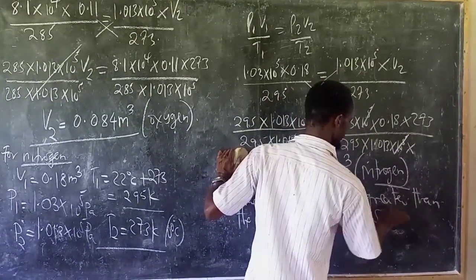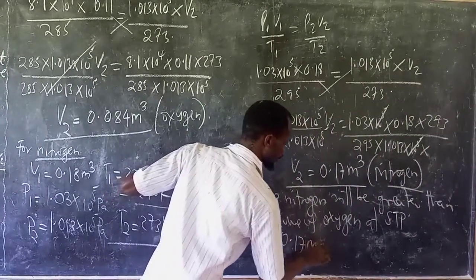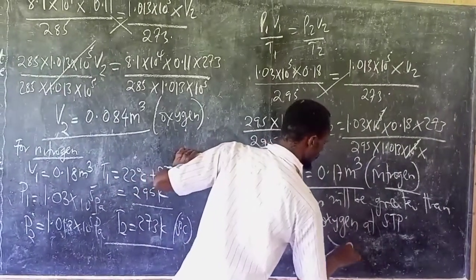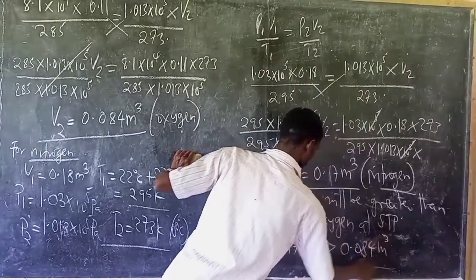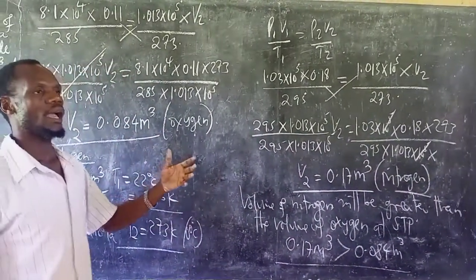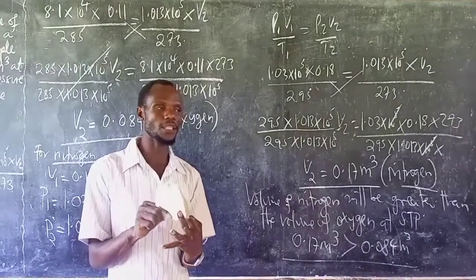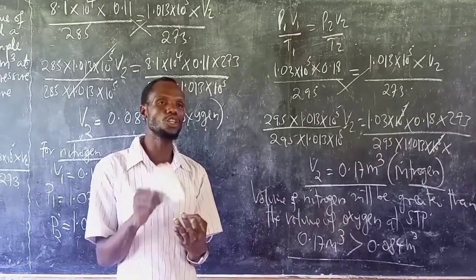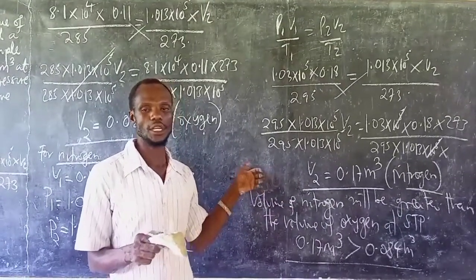As we have seen, 0.17 meter cubed is greater than 0.084 meter cubed. So in general, if you find a question involving three factors, pressure, volume, and temperature, and one of them is missing, you need to calculate on the second condition, and you have to use this equation. Do you guys see?